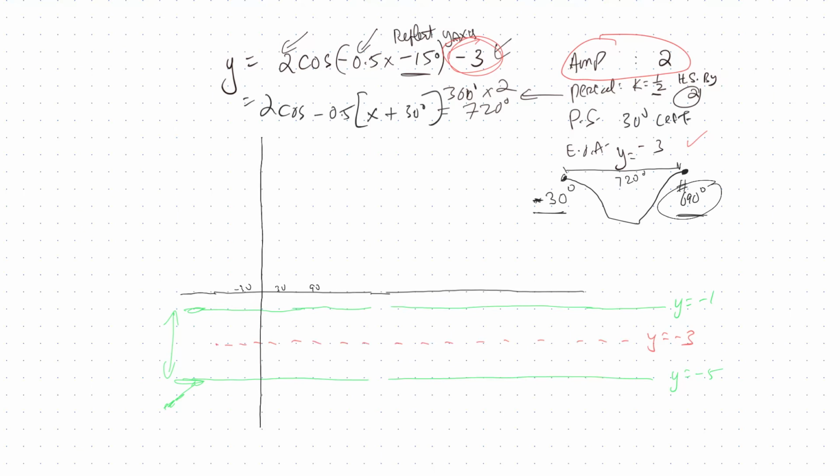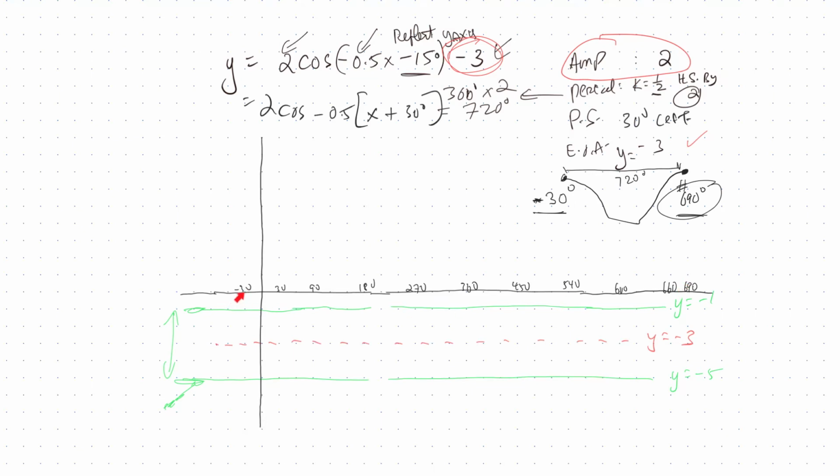So this is 180, then 270, then 360. Here I just set up the scale, letting each box be 30 degrees, and I need a lot of room to my right, as you can see, because this number is huge. This number right here is the end of my cycle. I'm going to begin here, and one cycle up and down should end up being here.